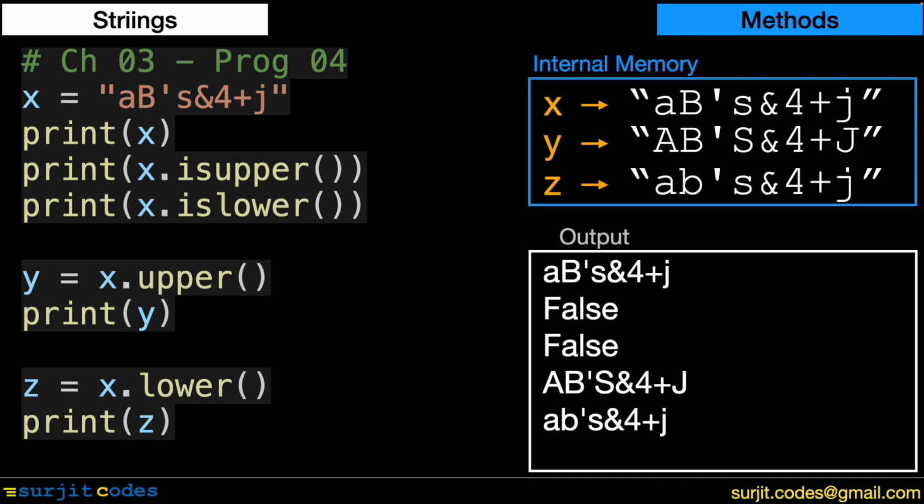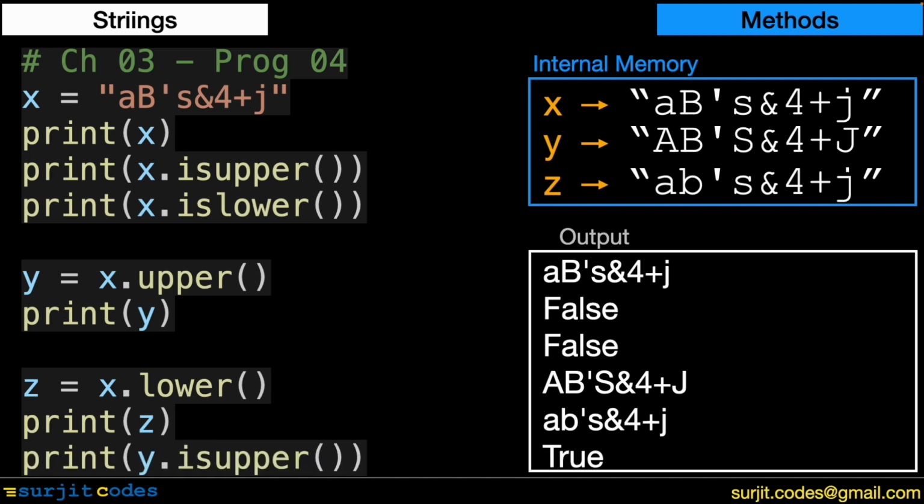However, x remains the same. We cannot change the characters of a string because strings are non-mutable. Of course, we can create it again in a new assignment statement. Now, if we print y isupper, the result is true. We can check that z islower is also true.